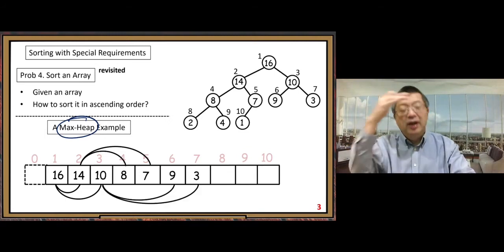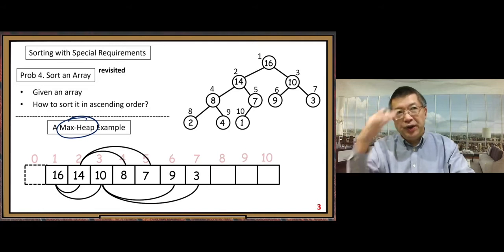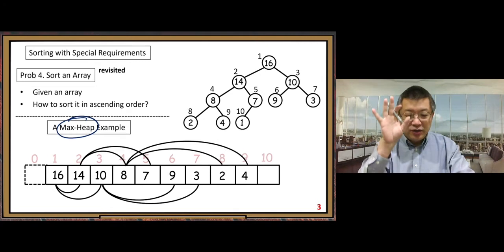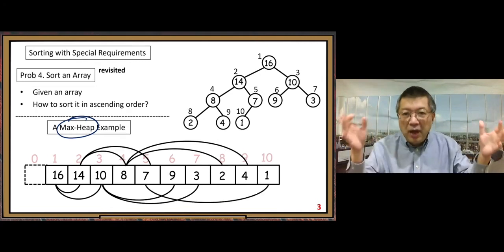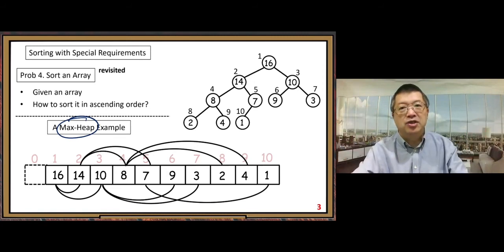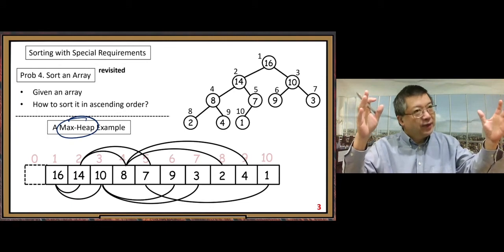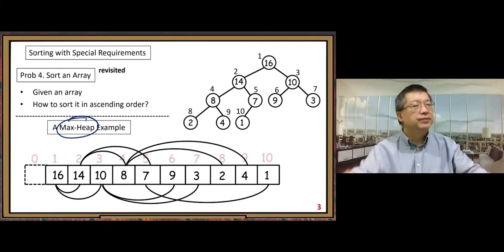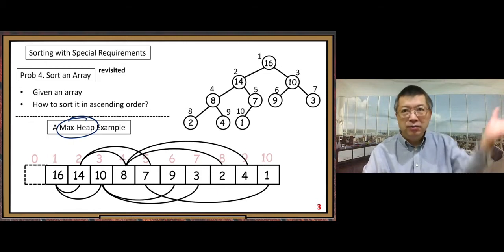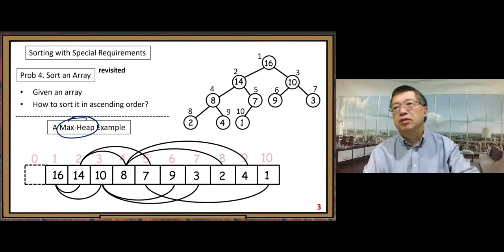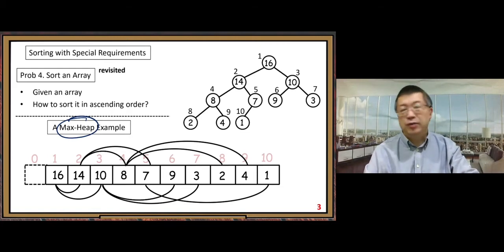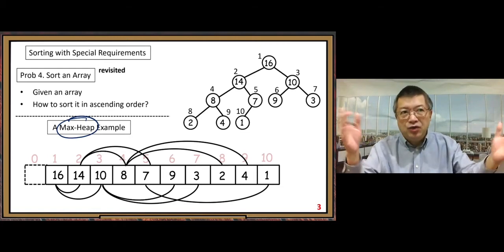We can do this kind of arrangement like this. Finally, we arrange all 10 elements in the array, pretty nice. No gaps, no complicated things we need to do. So very natural.